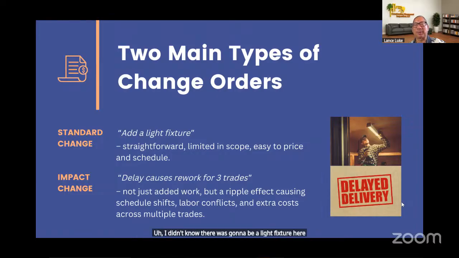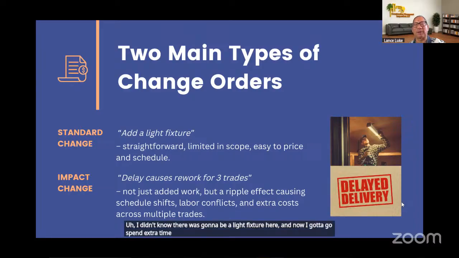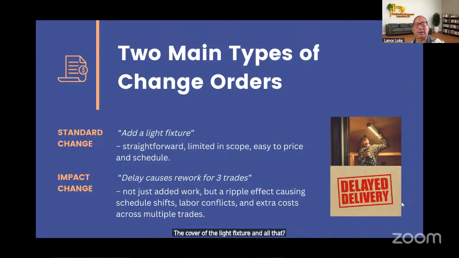Now I have to spend extra time taping around the light fixture so I can cut my paint lines, because I don't want to paint the cover of the light fixture. So now you have more work and more time for the painter, which adds cost. This is just a very simple example of a very simple change order.